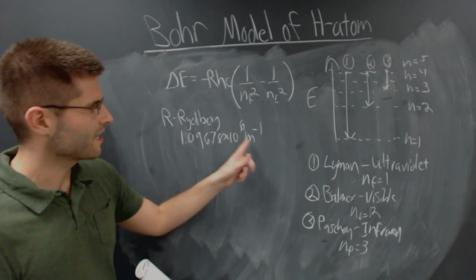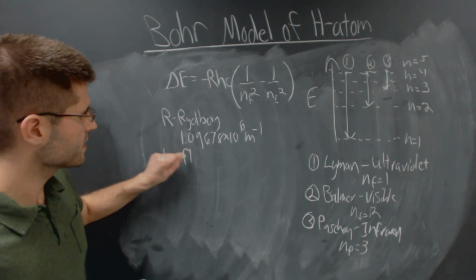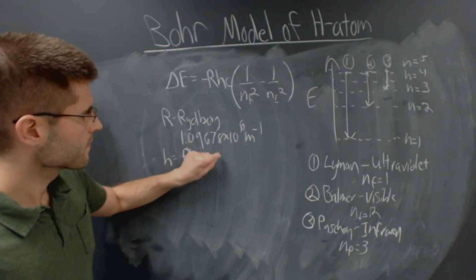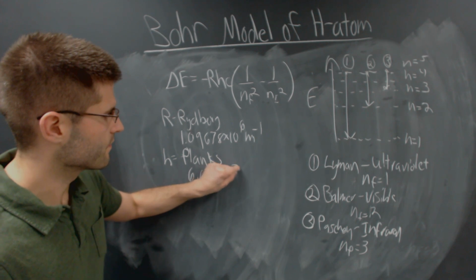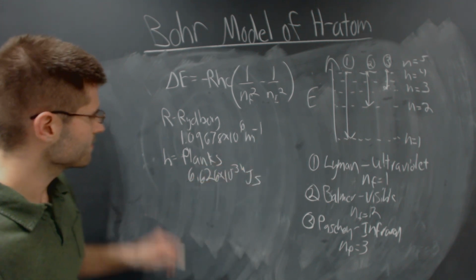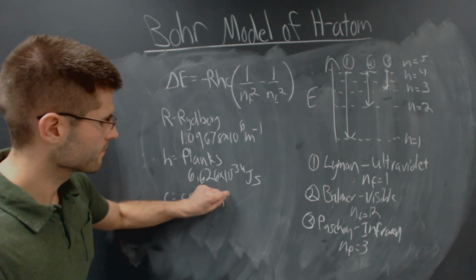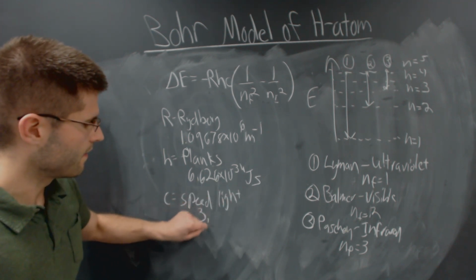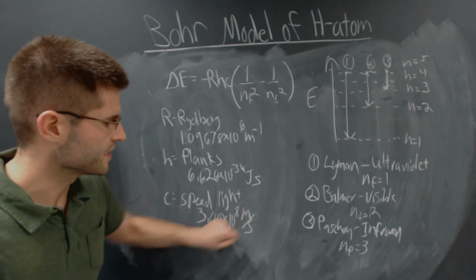This R is the Rydberg constant, and it has inverse meters. H is Planck's constant, which we've all seen before. This is 6.626 times 10 to the negative 34th joule seconds. And then C is the speed of light, which has a value of 3.00 times 10 to the 8th meters per second.